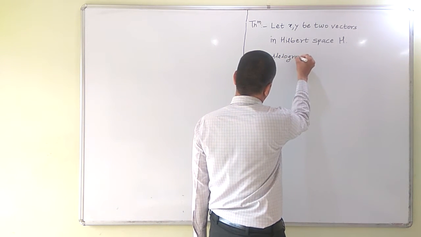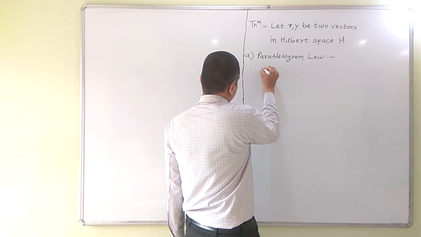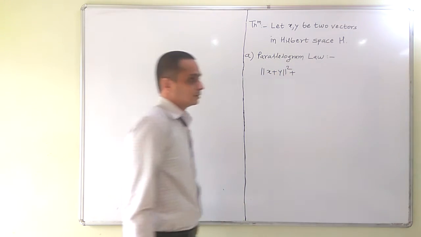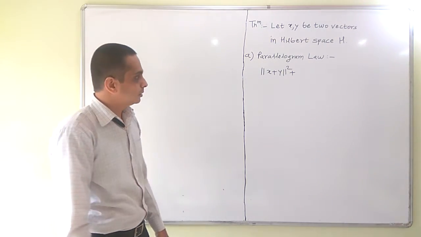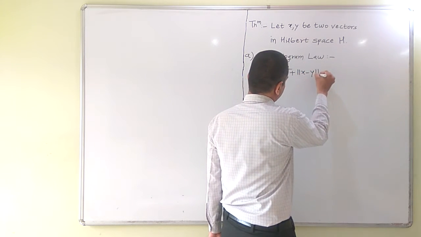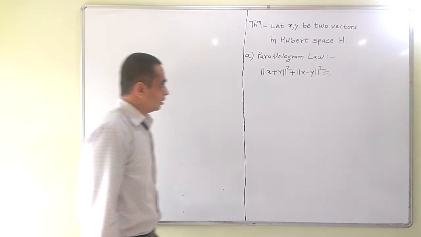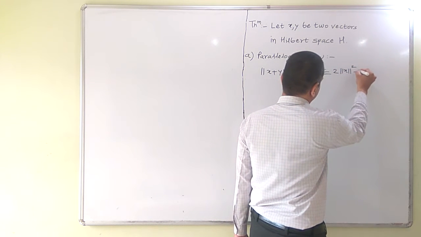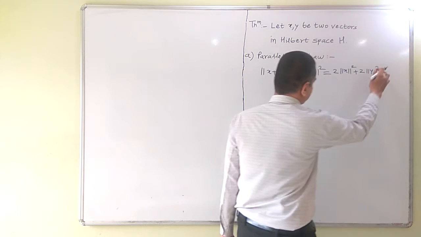Parallelogram law. The law states that norm of x plus y square plus norm of x minus y square equals 2 times norm of x square plus 2 times norm of y square.